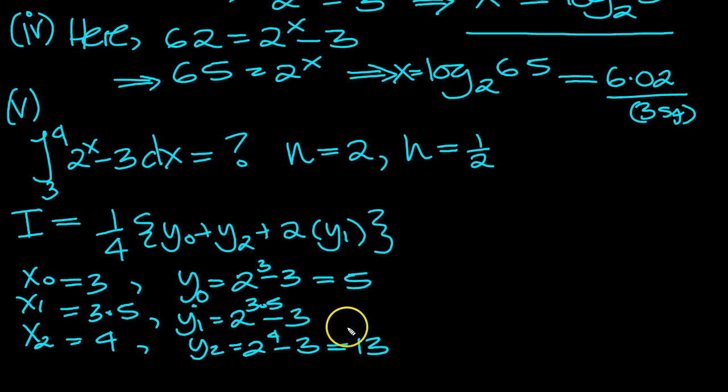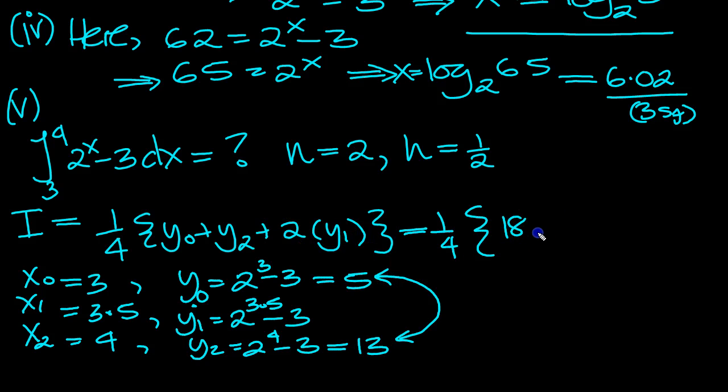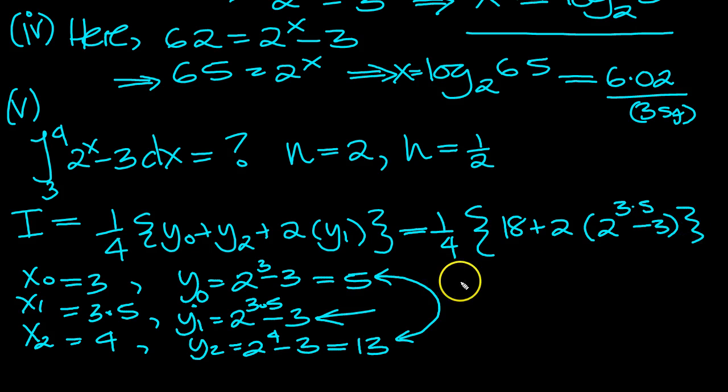And we can leave this one for a calculation, so it's equal to 1/4 of y0 plus y2, so let's add those, 18, plus 2 lots of bracket 2 to the 3.5 minus 3, close bracket, close brace.